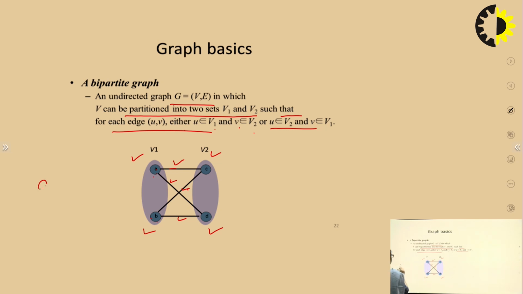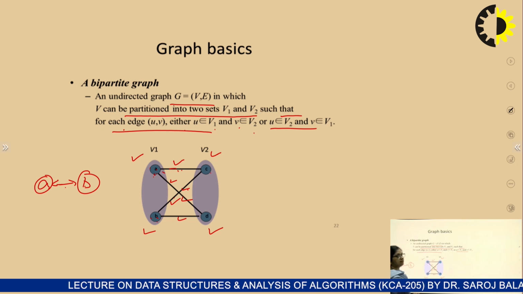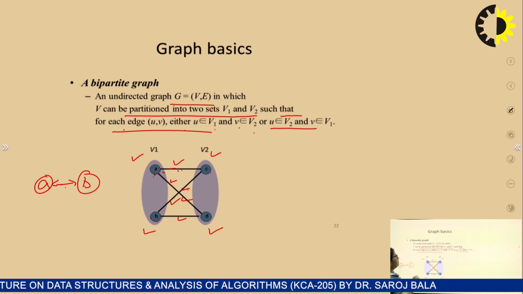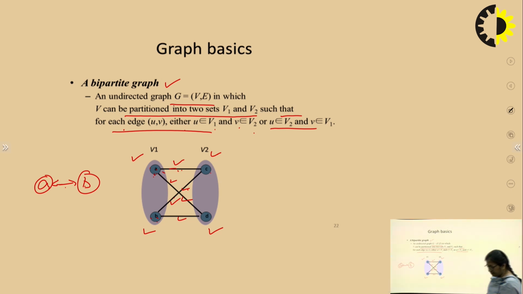When I have this A to B edge, then A and B are called endpoints of this edge. So, if I take this edge, its one endpoint is in V1, another is in V2. Same with this, one in V1, another in V2. Same with this, one endpoint is in one set. So, if I am able to divide such graphs in this manner, that is called a bipartite graph. If a graph can be divided into this form, that is called a bipartite graph. Okay.